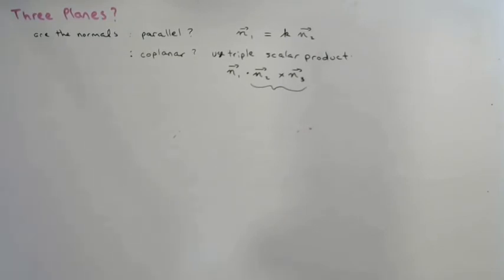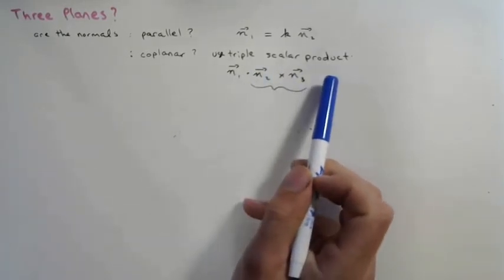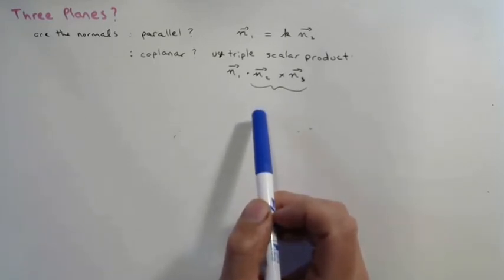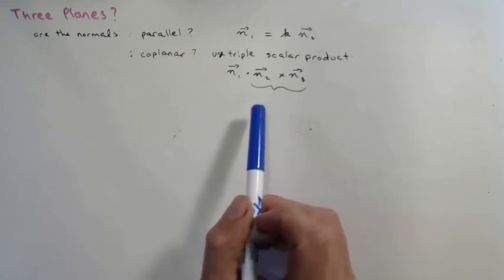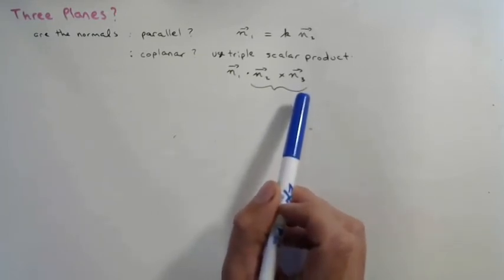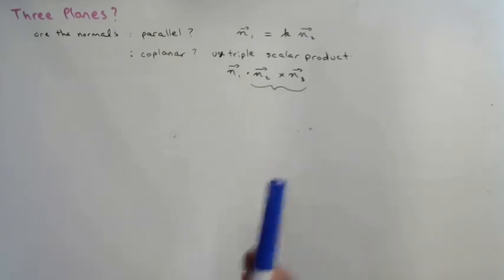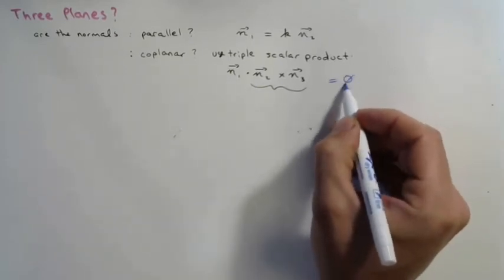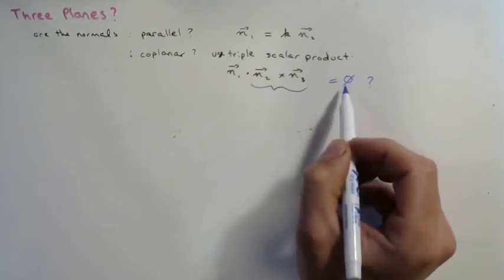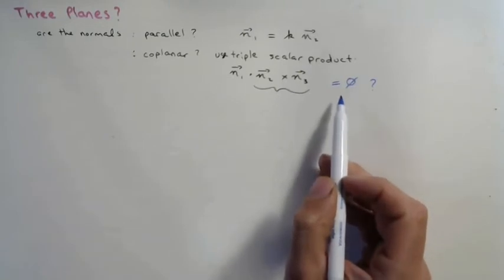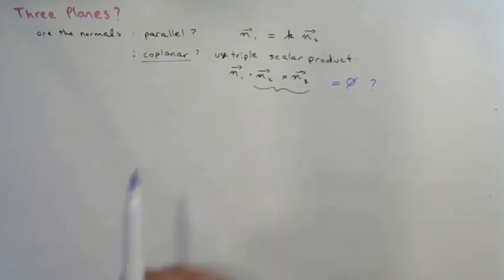Now there's a note here that helps us make sense of why this works. When we learnt to use the triple scalar product, we talked about it as giving the volume of a parallelepiped. So volume, think about that. This is going to give us the volume of some three-dimensional object. Now, what happens if this results in 0? Well, if the volume is 0 of a three-dimensional object, then it must not be a three-dimensional object. It must actually be a flat object with no volume, which means it lies on one single plane.